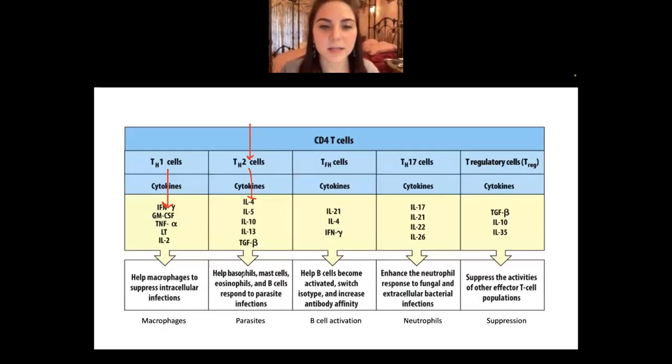And then here are all their functions, but I wrote, if I had to pick one word or phrase to describe its role: Th1, macrophages; Th2, parasites; follicular helper T cells, B cell activation; Th17, neutrophils, inflammation, whatever helps. And then your Tregs is suppression or anti-inflammation, if you don't like suppression. I've come to not like the word suppression. So it's anti-inflammatory. TGF-beta, IL-10. Very anti-inflammatory.